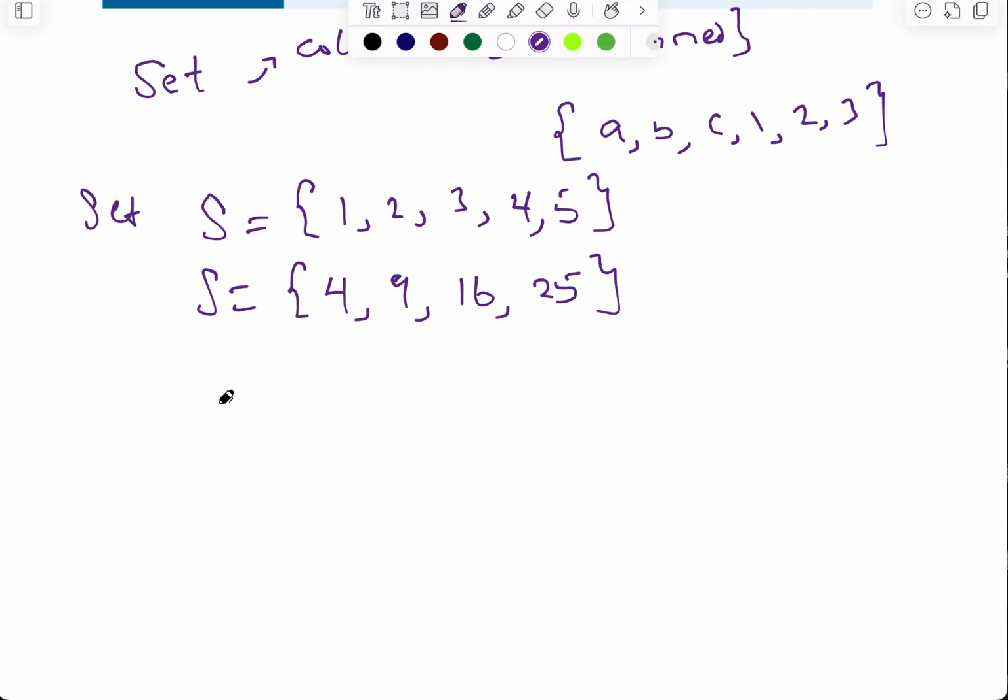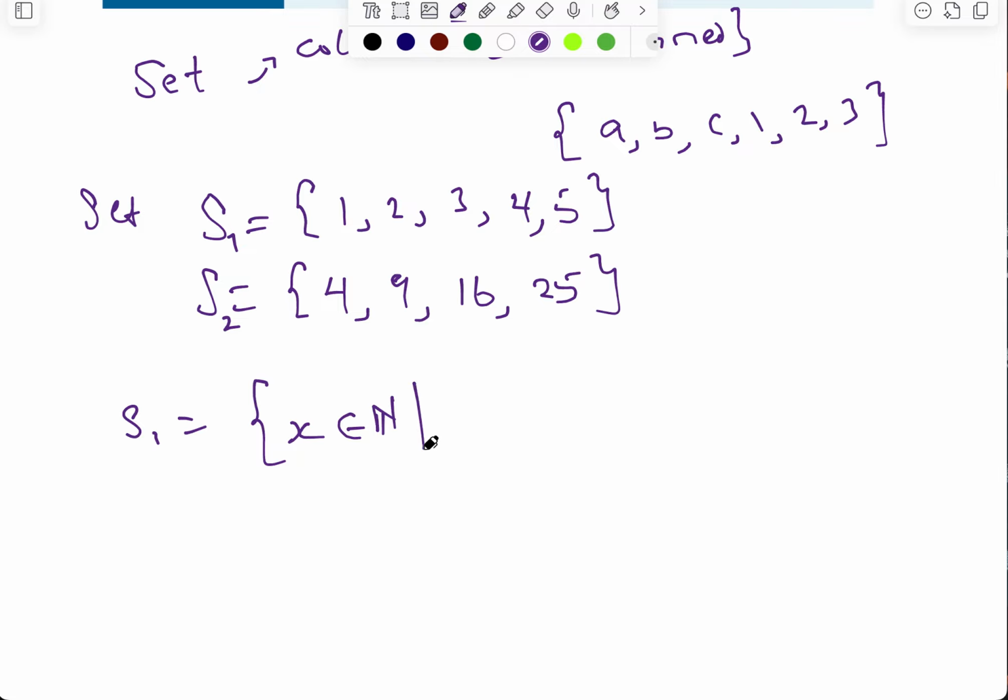For example, let me call this one S1, let me call this one S2. I can define set 1 using so many things. I can say set S is all x that are natural numbers, such that x is less than or equal to 5. If you have been following our class from the beginning, this should not be strange to you. You know what natural numbers are.